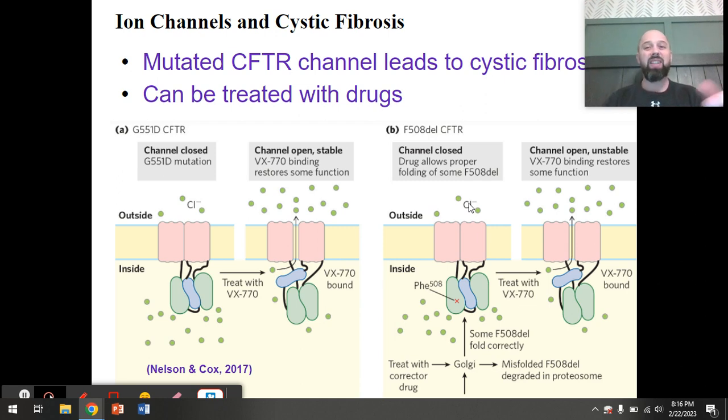This is the case 70% of the time in cystic fibrosis, that it's this deletion mutation. Now, cystic fibrosis is associated with heavy mucus. One of the reasons why you would get that is this chlorine transport is also coupled oftentimes with water.